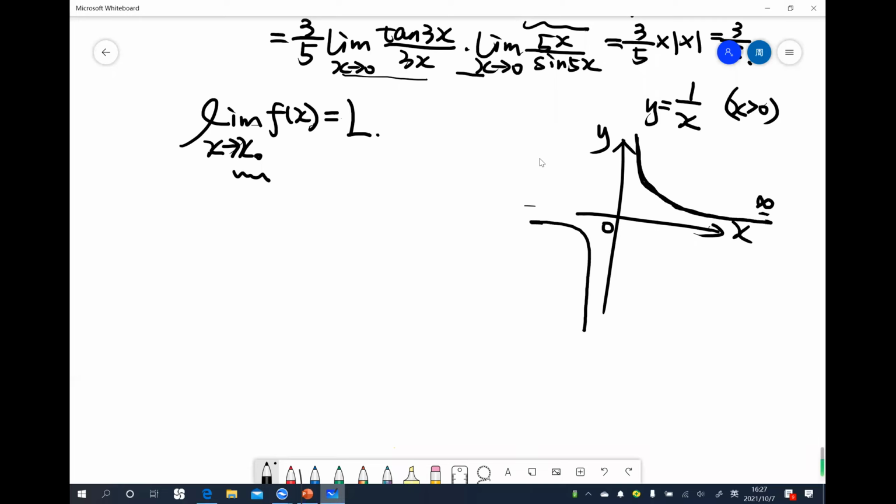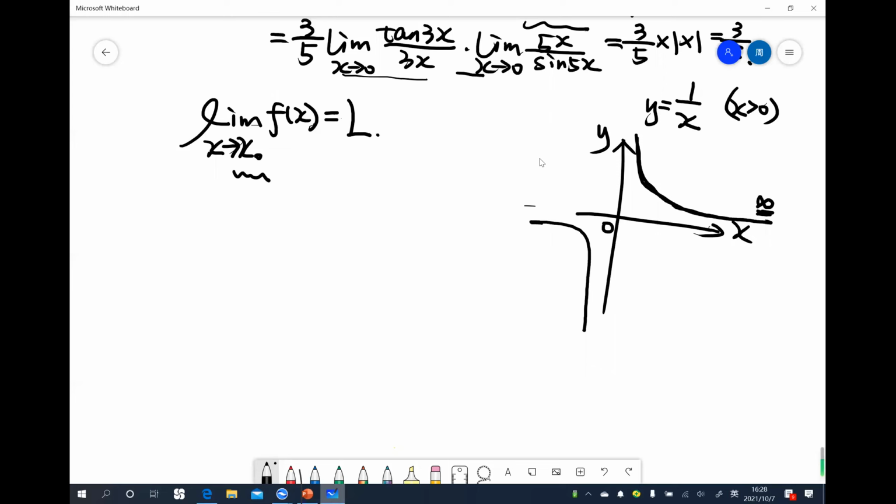It shows the behavior of a function when the values in its domain outgrow all finite bounds. That means it gets very, very large, but it is not a number. So here we introduce this symbol infinity.